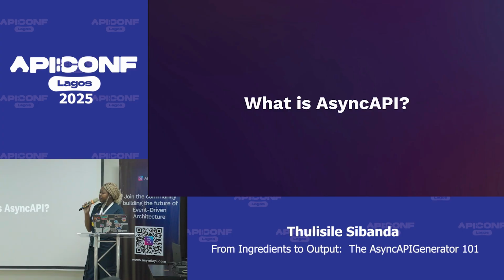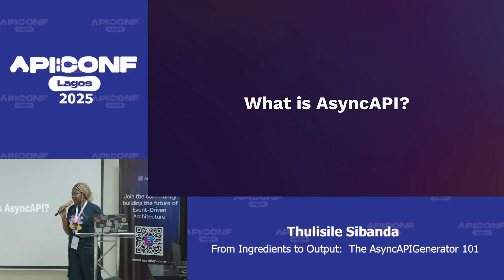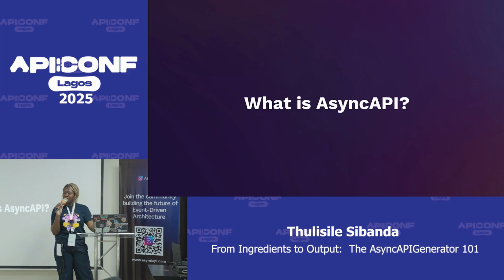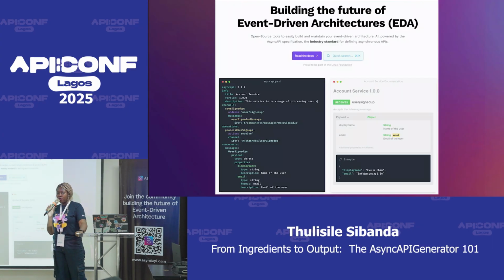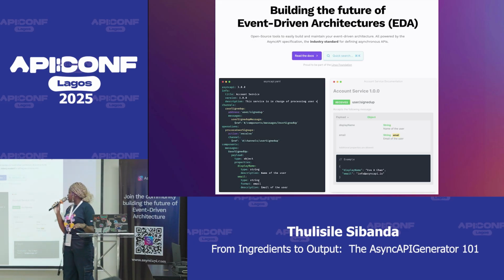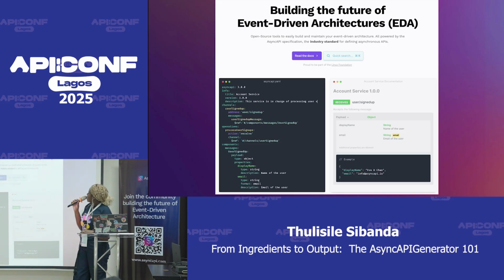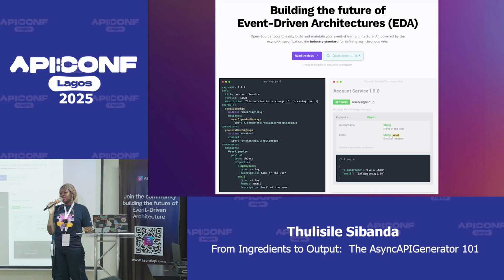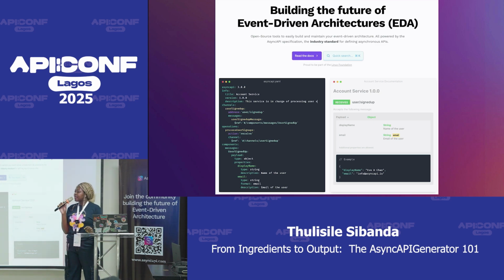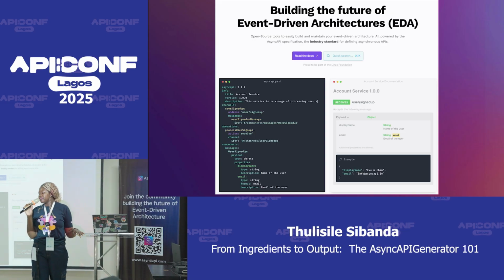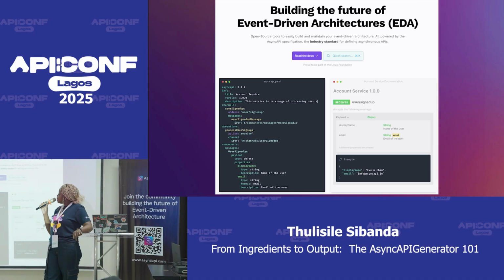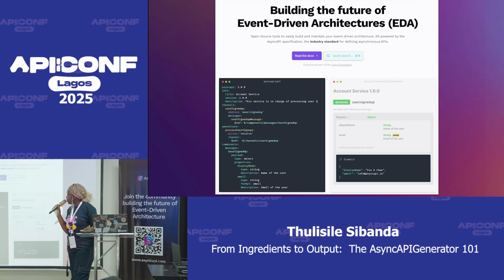So basically, I know today I've been answering the same question over and over, what really is AsyncAPI? So AsyncAPI is a specification that helps developers to build and maintain event-driven architecture and asynchronous APIs. So if you know OpenAPI for REST APIs, then you know AsyncAPI is for event-driven and asynchronous APIs.